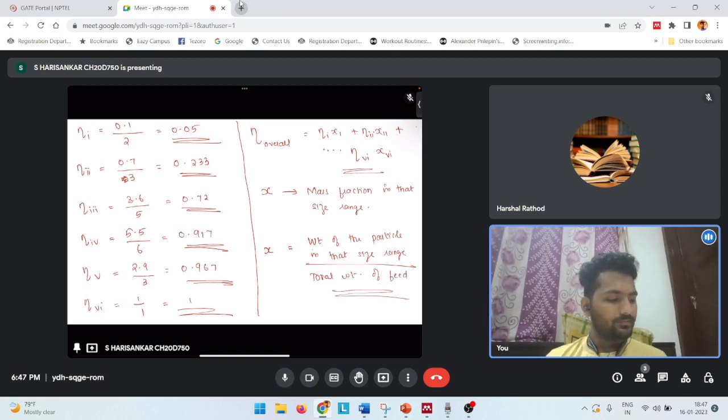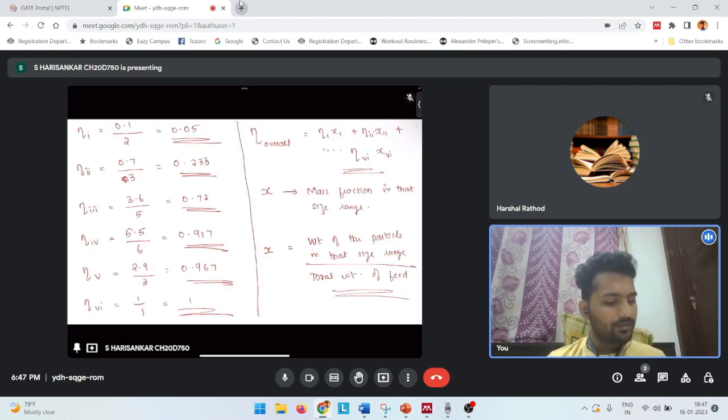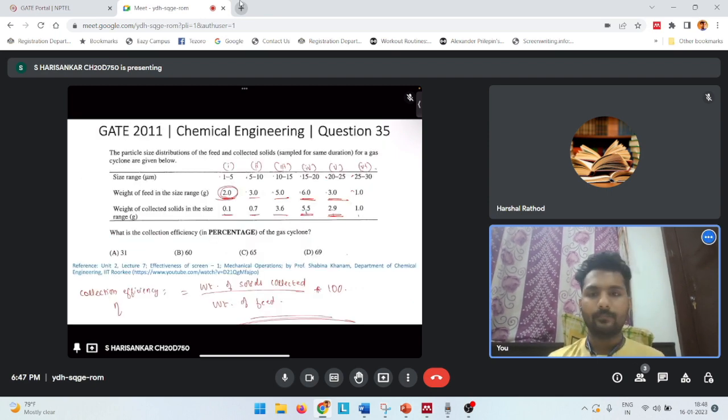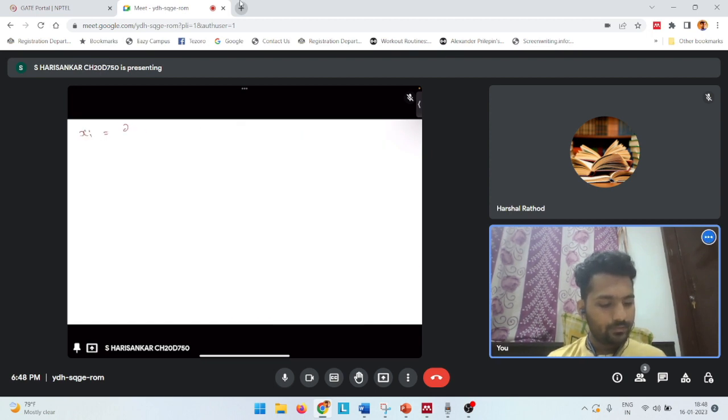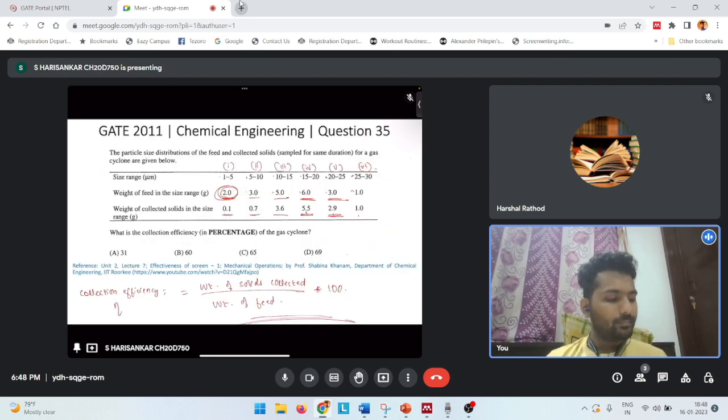Now for example, in the size range 1, x1 will be weight of the particle in that size range, and the weight of the feed in that size range will be 2. So this will be 2 divided by total weight of the feed, and the total weight of the feed can be obtained as the sum of all these feeds in the different size ranges.